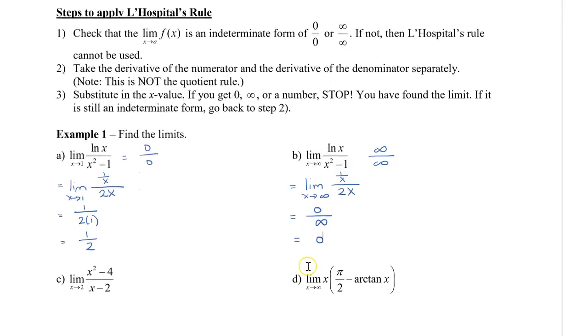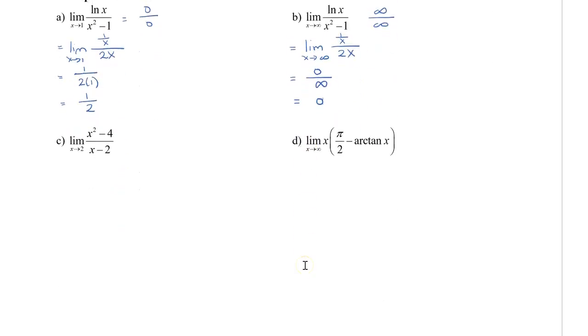All right, let's take a look at a couple more. Here we have the limit of x squared minus 4 divided by x minus 2. When I plug in the number 2, I get 0 over 0. So I can find the derivative of the numerator, which is 2x, and the derivative of the denominator, which is 1, and when I plug in, 2 times 2 is equal to 4.